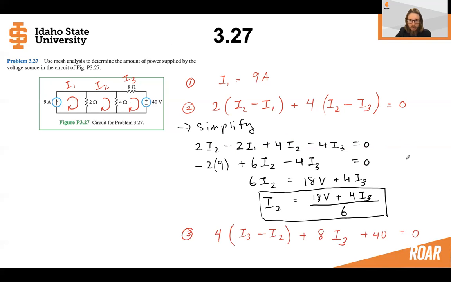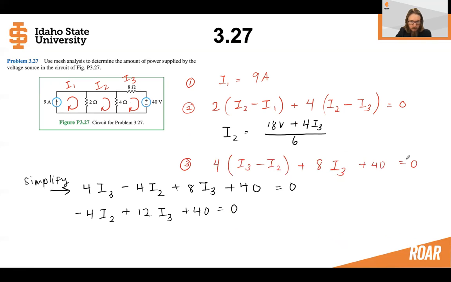When I simplify this, I get mesh current I2 equals (18 volts plus 4 times I3) divided by 6. Now let's simplify equation 3 a little bit, and we get minus 4 times I2 plus 12 times I3 plus 40, just by distributing this 4 through here.